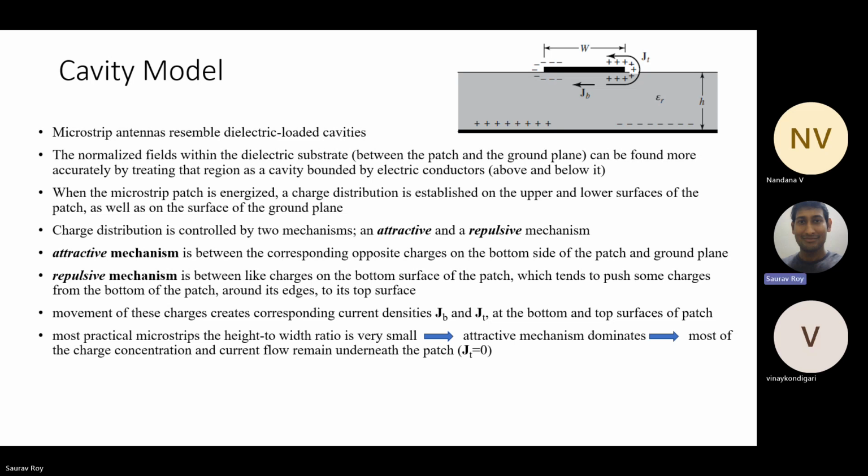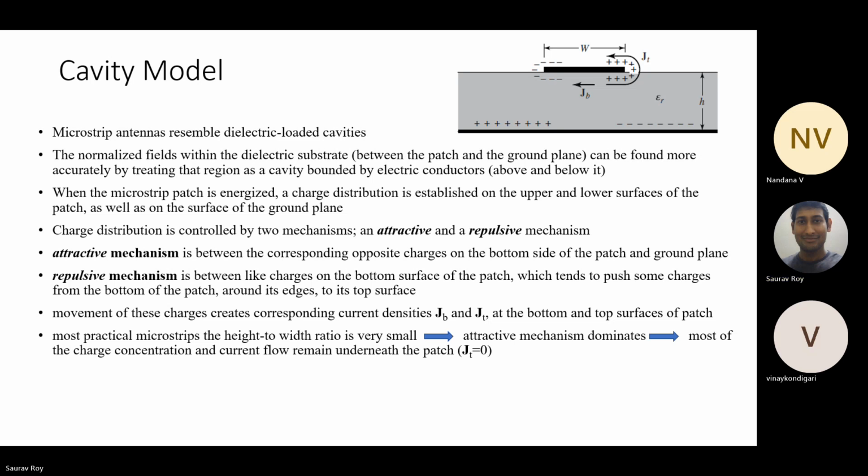Now see, this shows the normalized fields within the dielectric substrate. Because of these charges at top and bottom, there will be electric fields from top to bottom, right? It can be found by treating this region as a cavity bounded by electrical conductors. So what are the conductors? Above the dielectric and below the dielectric.